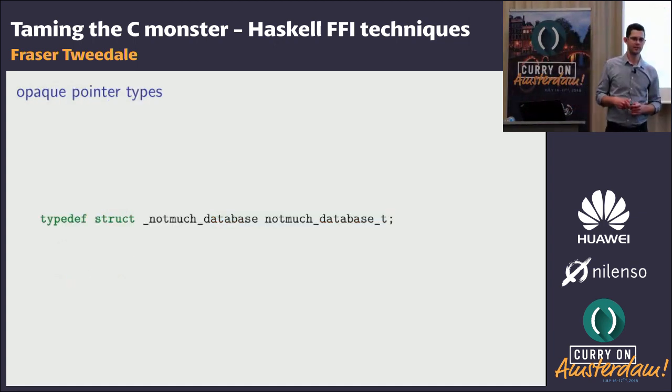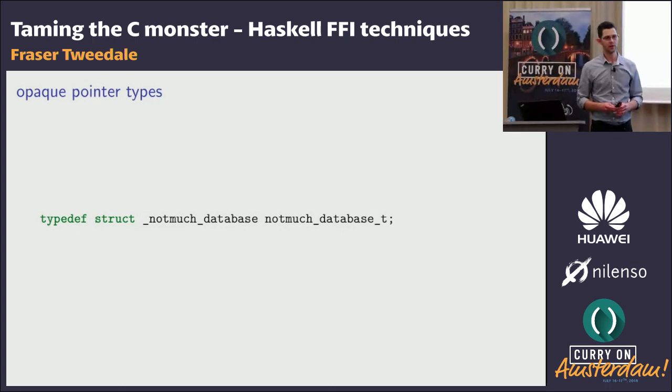Some C libraries expose all of the members of the structures defined by that library. Some C libraries just give you opaque pointers, which is to say the library will construct an object for you, hand you back a pointer, and then you can perform operations on that object by passing that pointer back to functions in the C library.